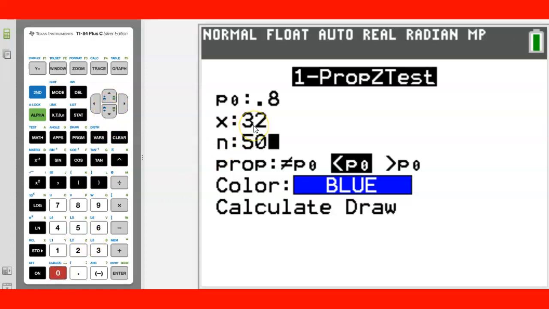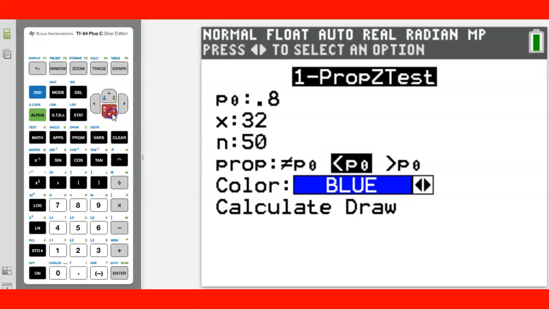X is how many shots they made. N is how many they shot, how many people we asked our question. Now, the prop here is from the alternate hypothesis. In the alternate hypothesis, we were suspicious that our proportion was less than the null proportion, the 80%. So I'm going to pick this one.